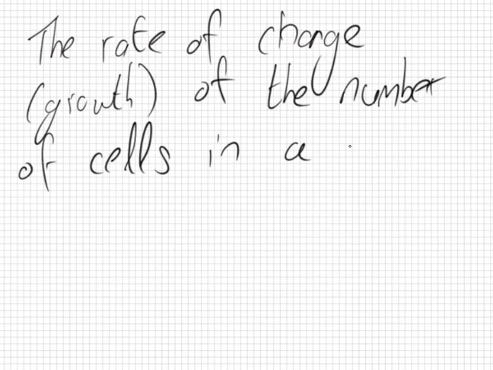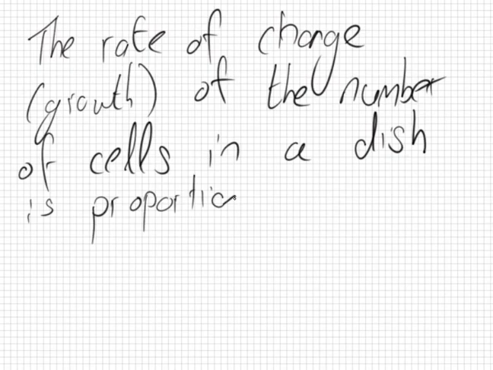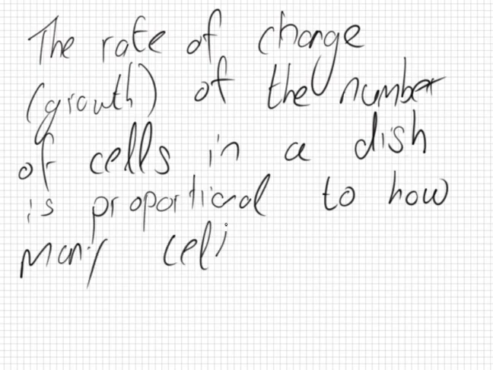So the rate of change or growth of the number of cells in a dish is proportional to how many cells are in the dish.